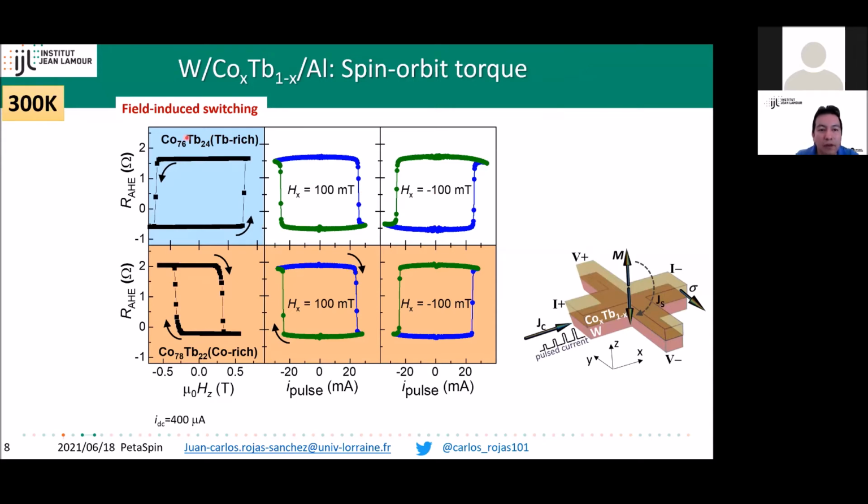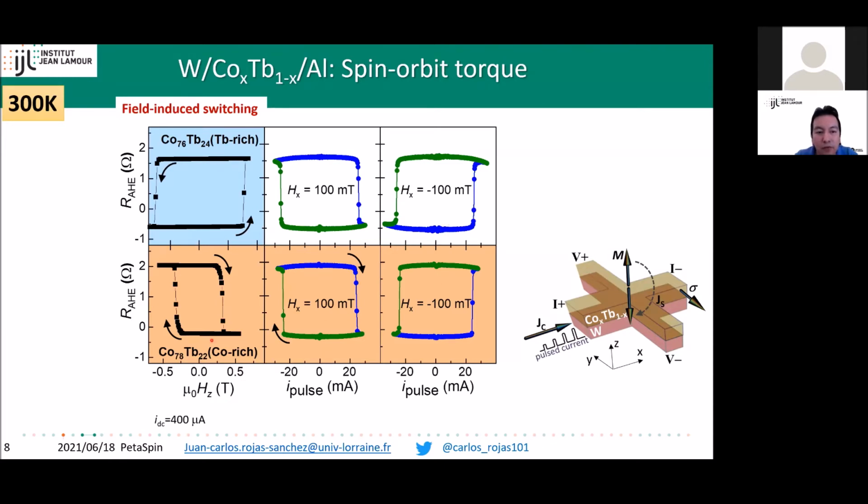So on the left, once again, the field-induced switching. These are two cases: one is cobalt 76, the other is cobalt 78. So at room temperature, the top is terbium rich, and the bottom is cobalt rich. Here we use a small current, 400 microamps. Now what we show here in the middle and on the right is our main experiment.